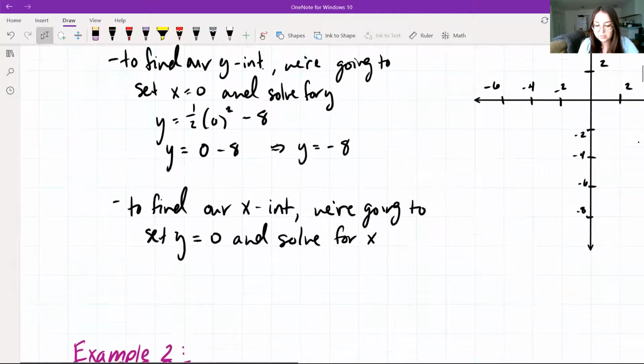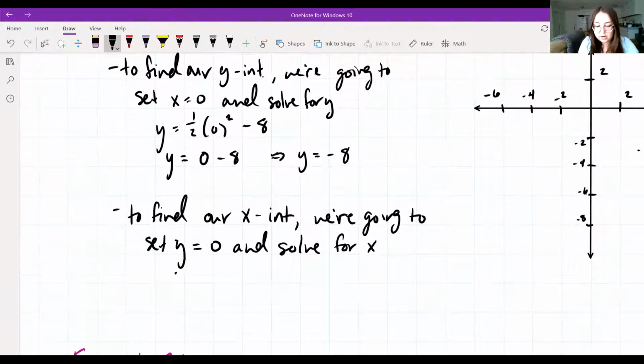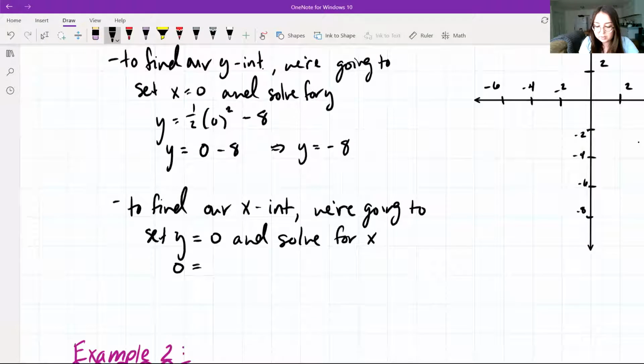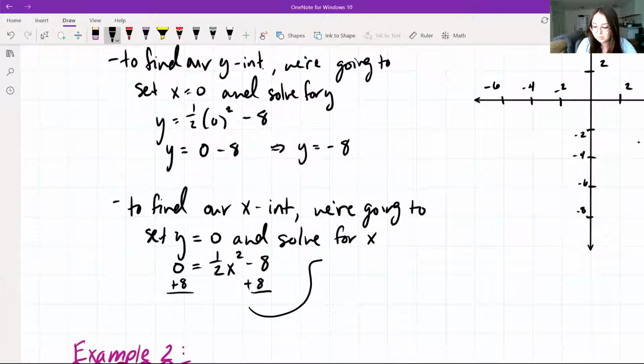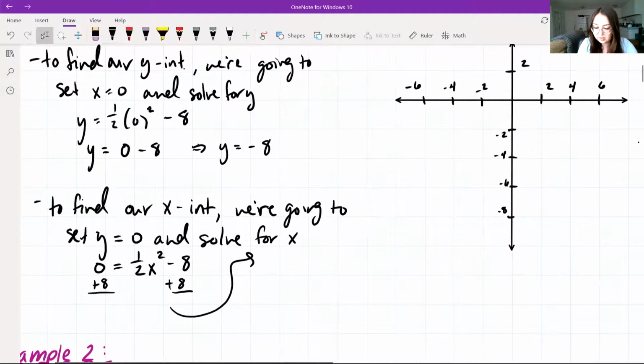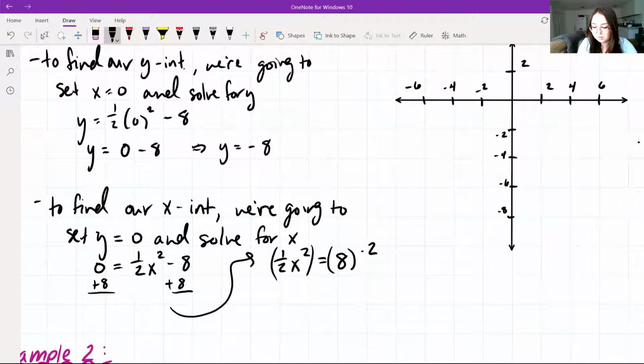So in this case, if we set y equal to 0, we're going to end up having 0 is equal to 1/2 x squared minus 8. So we're going to add 8 on both sides. We're going to take these over here so we have a little bit more room. And we're going to get 1/2 x squared is equal to 8. Now we have this 1/2, which we want to get rid of, so we're going to multiply each side by 2.